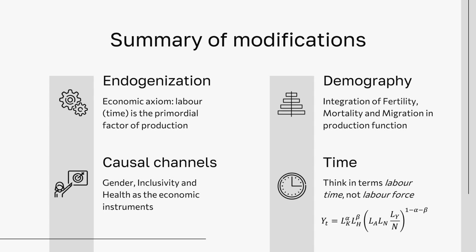Now, the key one here is time. Endogenization is also key, but time is an important concept here. We've talked about how one should think in terms of labor time and not necessarily labor force, because that is the real primordial factor of production here, labor time. That is what the demographic transition is endowing the population with.